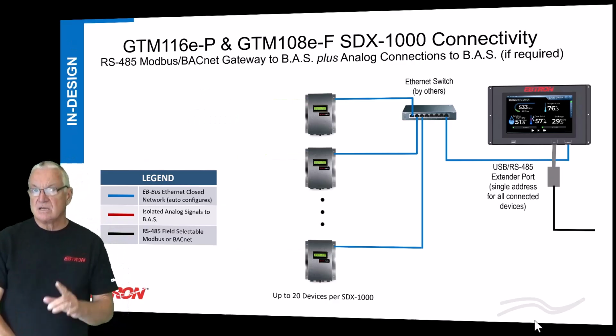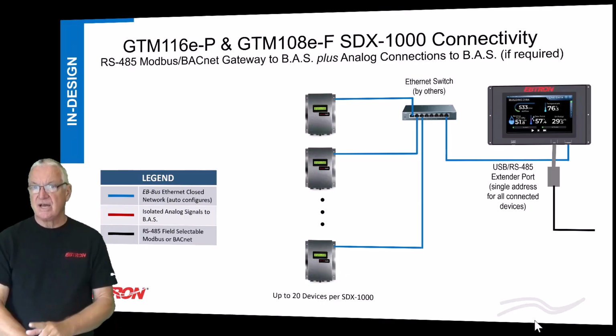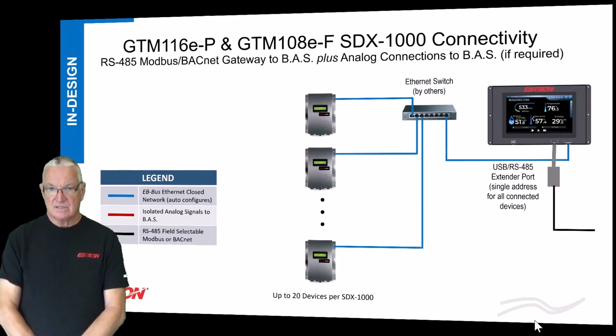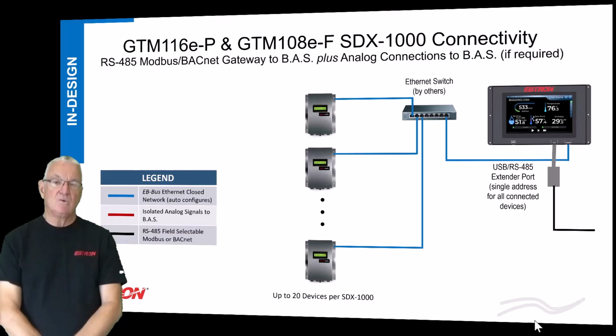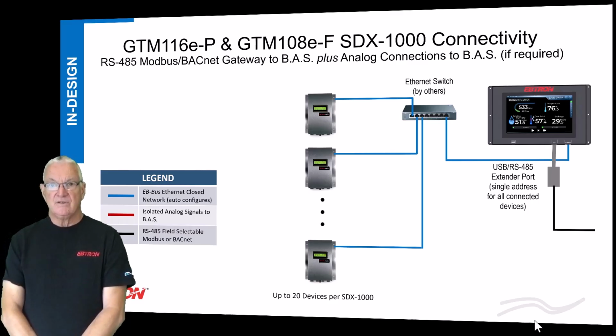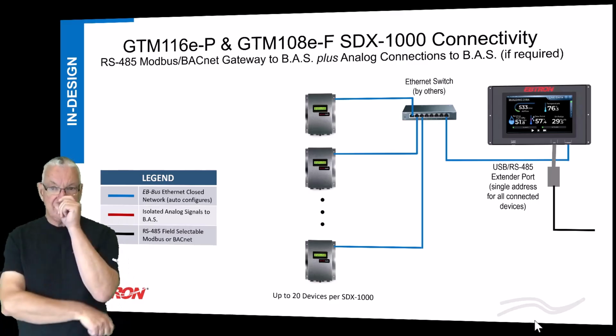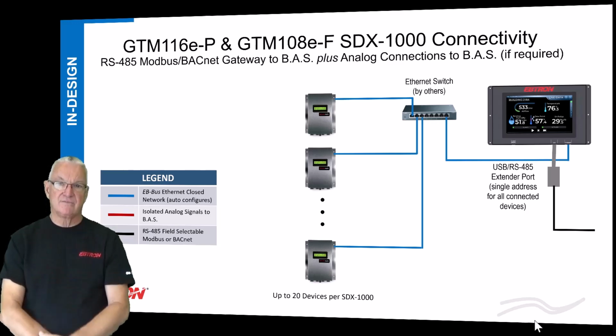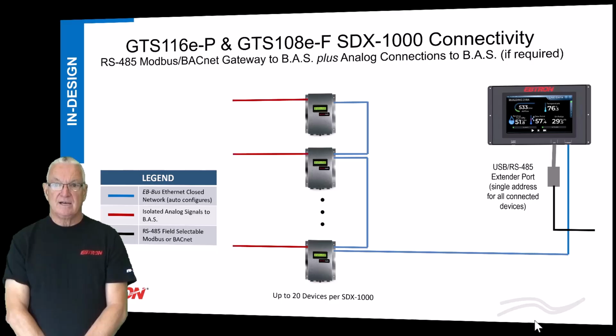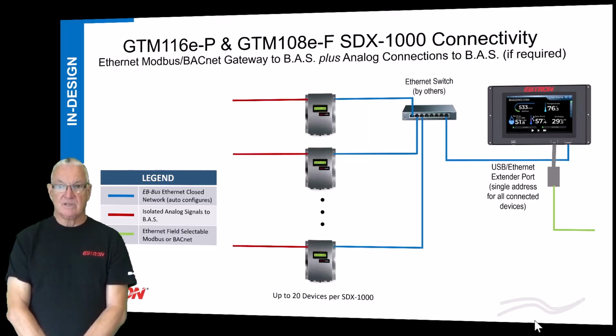We have not released this yet, but some folks have said, we don't want to connect our RS-485 individual flow meters, we want to take it from one point, so you can take it from the display. We did this for RS-485, and we're doing the same thing with Ethernet.